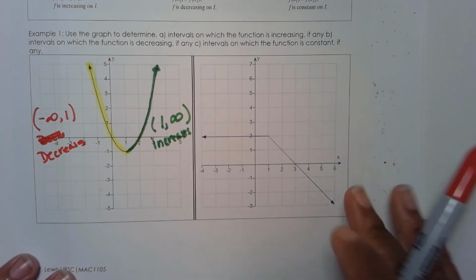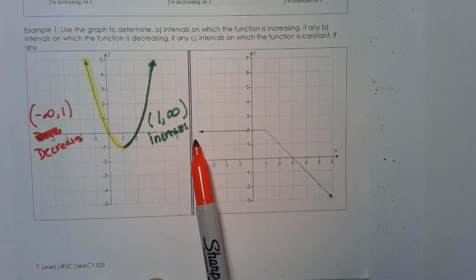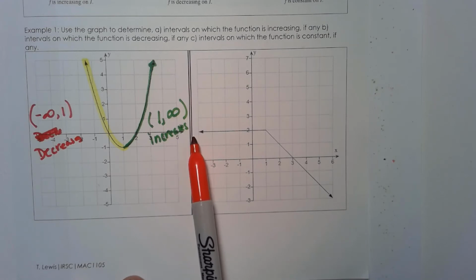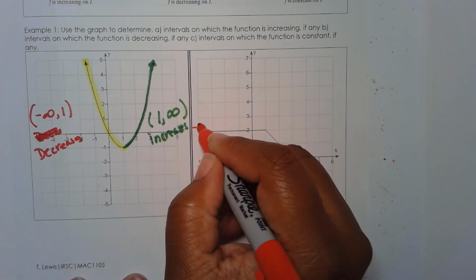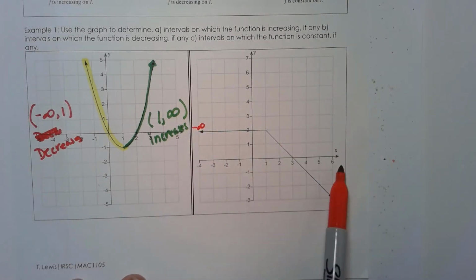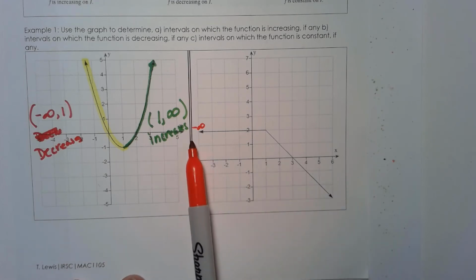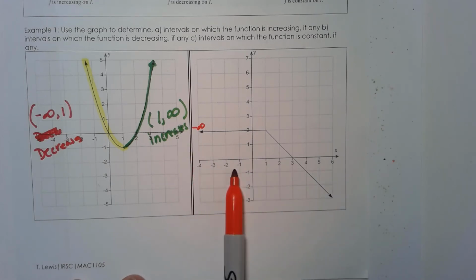All right, let's do another one. We have a graph, no particular name, going from left to right. So from left to right, from this arrow, it's going to the left, so that means that this is negative infinity. Okay, so looking along the x-axis, the x values, from negative infinity to what?